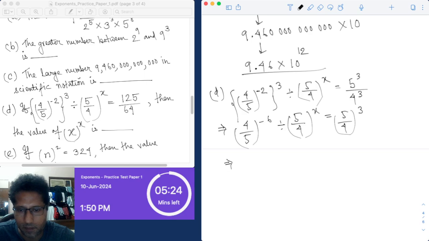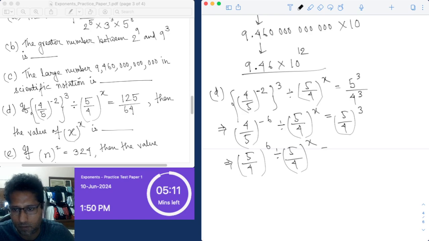Now this implies (5 by 4) to the power 6 divided by (5 by 4) to the power x equals (5 by 4) to the power cube. Okay.